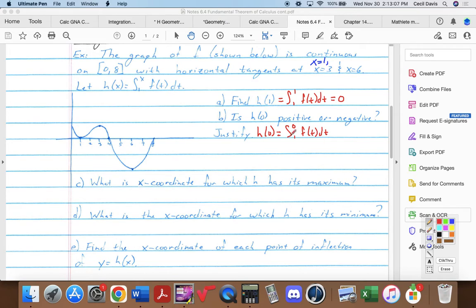We pretty much hate the fact that it goes from 1 to 0. We'd be much happier if it went from 0 to 1. Well, how can we accomplish that? It's the opposite of the integral from 0 to 1 of f of t dt.